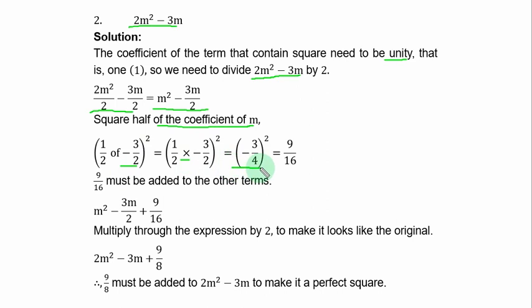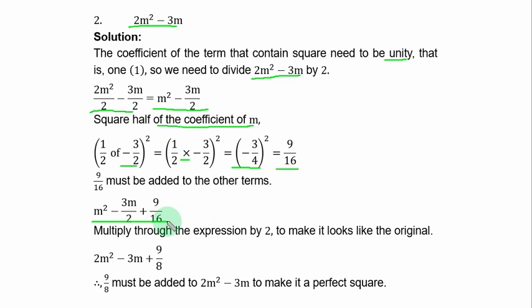Minus 3 squared is 9 and 4 squared is 16. So you have 9 over 16. So 9 over 16 must be added to the other terms. So we have m squared minus 3m over 2 plus 9 over 16. We are not going to stop there.